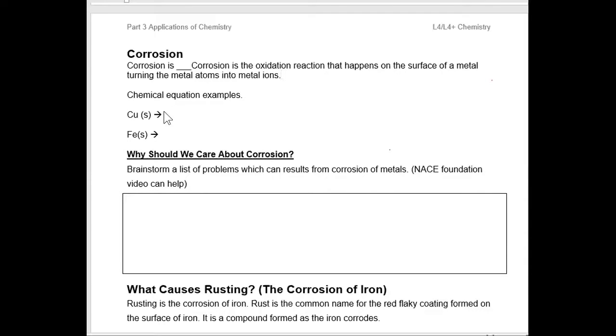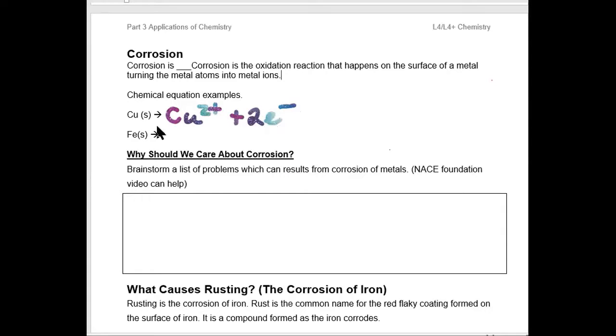So most commonly, I'm trying to think of things my class would see, you would see this forming a Cu2+ ion. So therefore, Cu2+ would go there, plus 2 electrons.